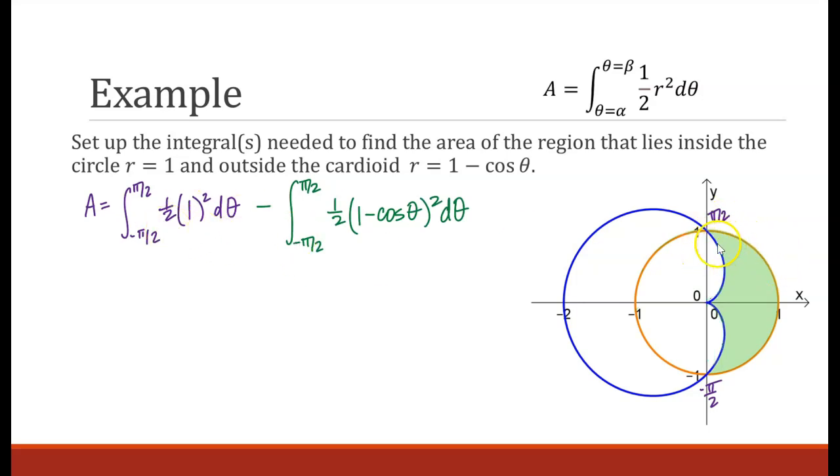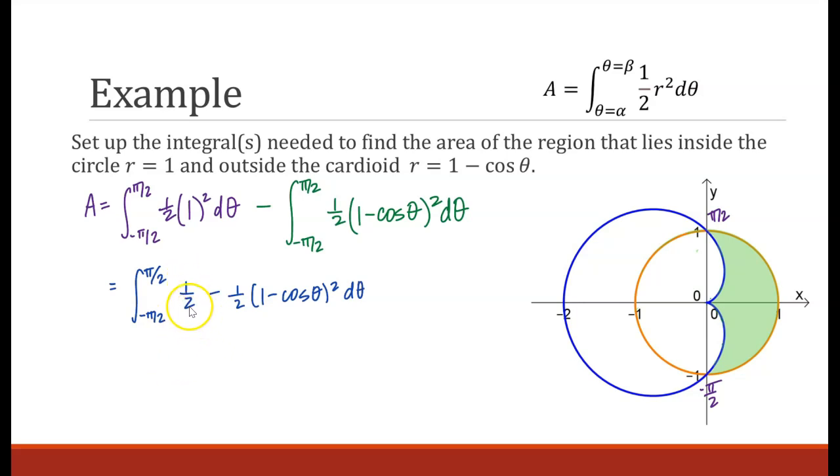So again, the first integral finds the area of the full semicircle, and then the second one carves out these two little pieces here. Now, since these do have the same limits of integration, we can go ahead and combine them together to be one integral. So we can say negative pi over 2 to pi over 2 of the first integrand, so 1/2, and that's really it, because times 1 squared, it's just 1/2, and then minus 1/2, 1 minus cosine theta squared d theta.